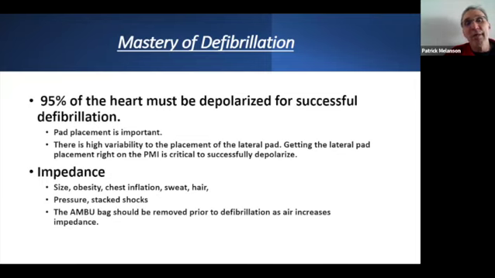It also allows you to put more pressure on it if you think there is a problem with the application of the pad or the paddle onto the patient's skin. It also allows you to put more pressure down to empty the lungs completely so that you get the least impedance possible.